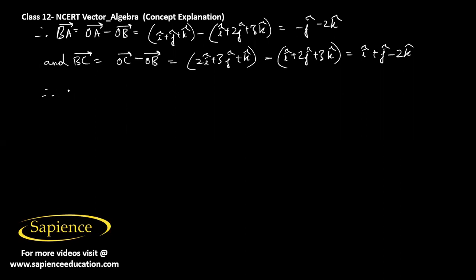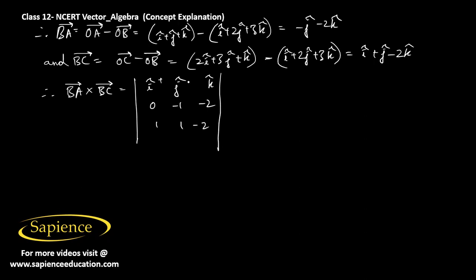So therefore, we need to find the cross product of BA vector and BC vector. BA vector cross BC vector will be equal to the determinant of i cap, j cap, and k cap. First we write the components of BA vector, which are 0, -1, -2, and then the components of BC vector, which are 1, 1, and -2, with signs plus, minus, plus.